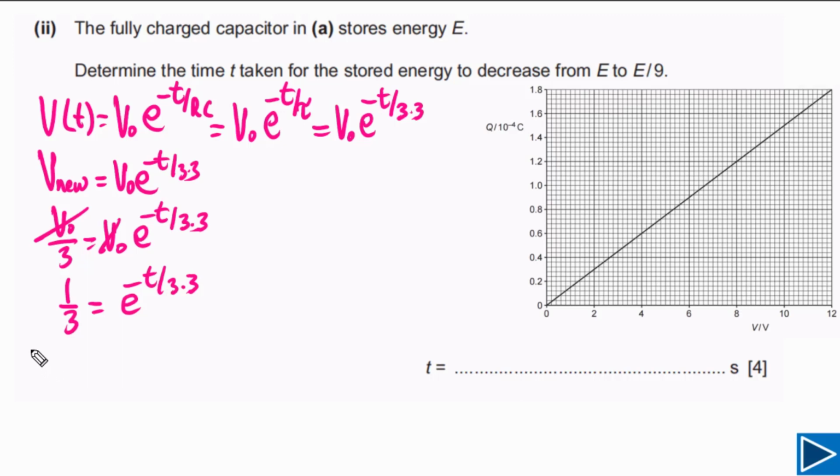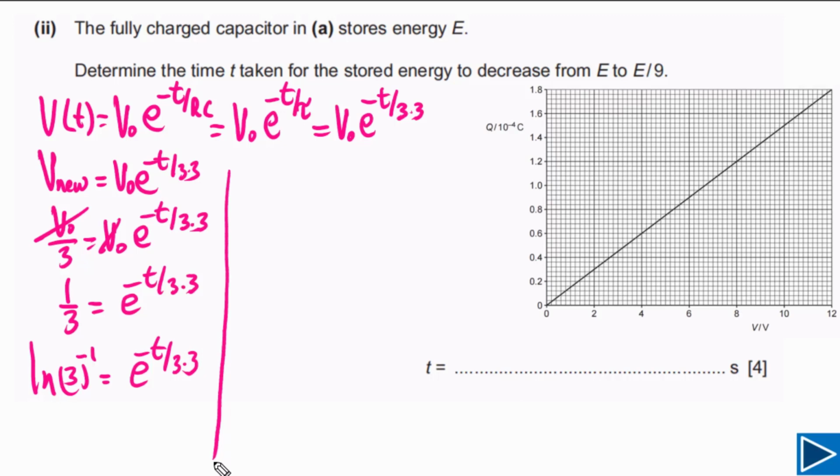If we take the natural log on both sides, we get ln of 3 to the power of negative 1 equals ln of e to the power of negative T over 3.3. Now if we simplify this log, the negative comes in front of the log, so this is negative ln of 3. This is equal to negative T over 3.3 because ln of e is 1.